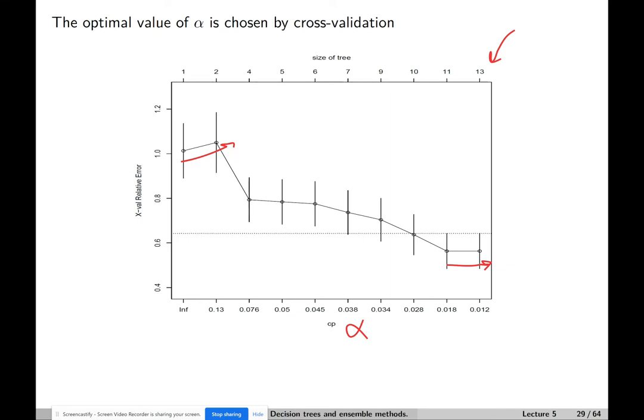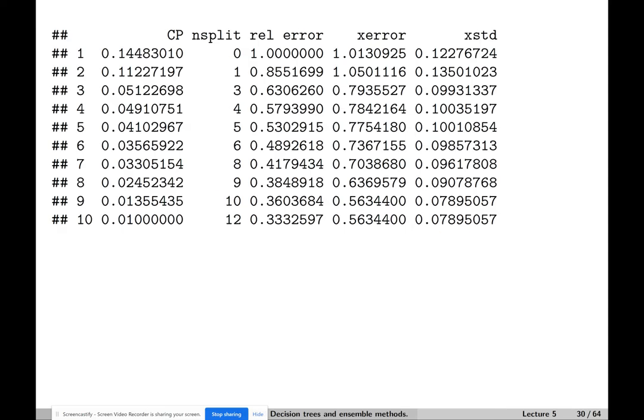Usually it's just that our data set is too small, but usually it goes up and then down, and then up, and then we choose the optimal value of alpha here. So in this case, we could choose either this value or this value, but we prefer the final decision tree to be simpler, which is why we choose this value. So this is the table.